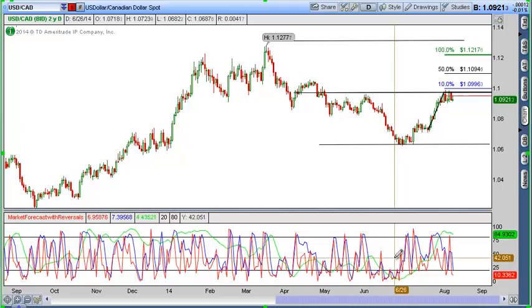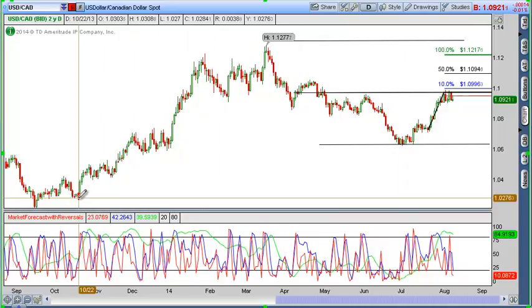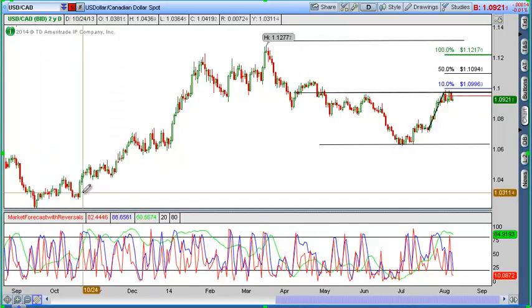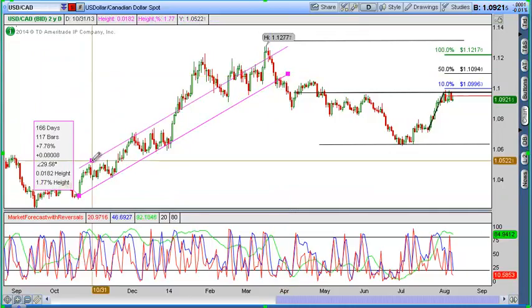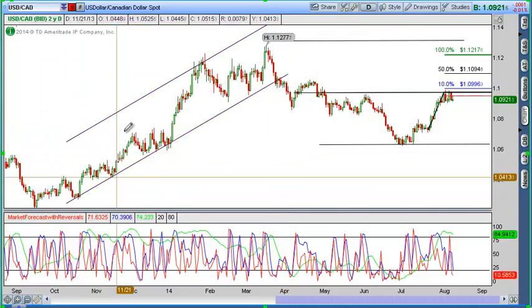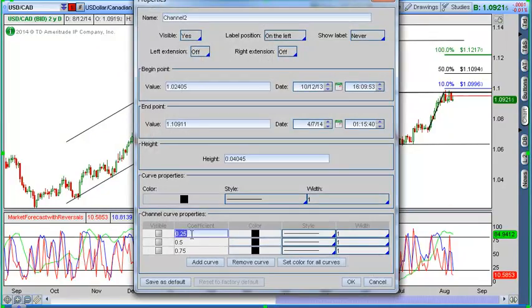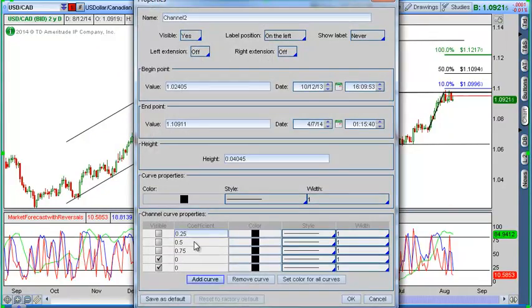So Money Miser, do you know that you can do diagonal fibs for channels? Watch this. Channel. Low. Let's go all the way to that high. Right click on it, edit properties, and then just change them. We can add curves. So we'll add a 100.